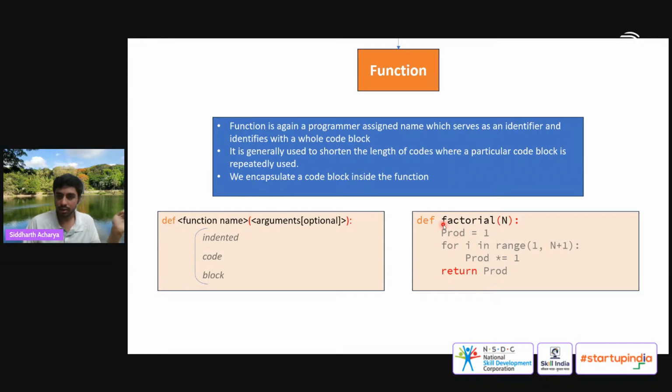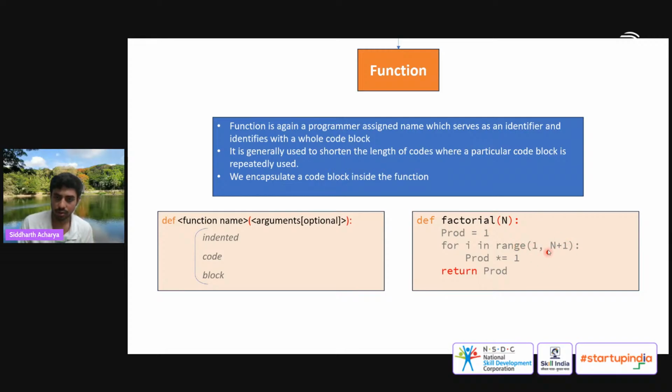Now this is an example of how you can define a function. You have the def keyword, you have the function name, you have an argument here, and these parentheses and colon, and we define some variables and have an entire code. This code is basically calculating factorial. What we are doing is iterating from 1 to n plus 1.